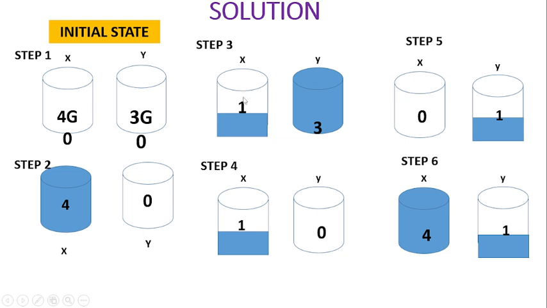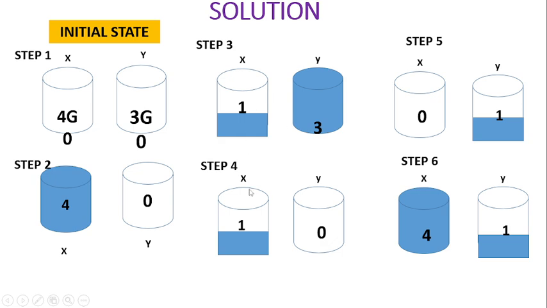So X is 4 gallons and Y is 3 gallons. If we transfer the water from X to Y, Y becomes full with 3 gallons of water, but 1 gallon of water is left in X. Therefore in step 3, my state is 1, 3. Now step 4.